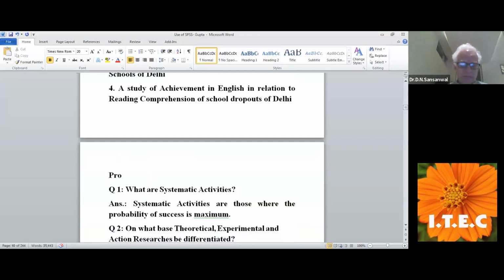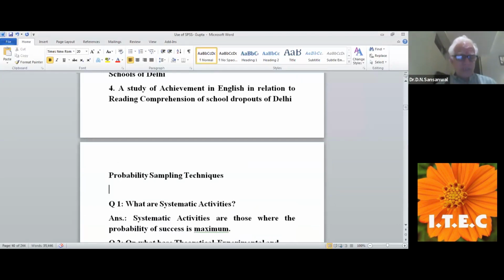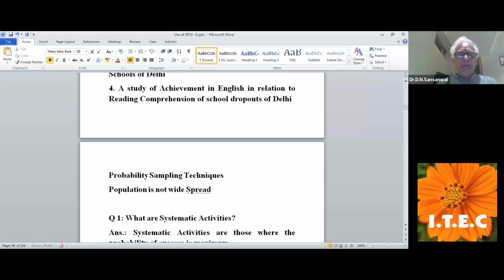Now, there are two situations. Number one is your population is not widespread, and another is your population is widespread.